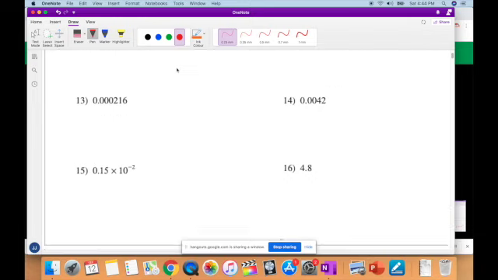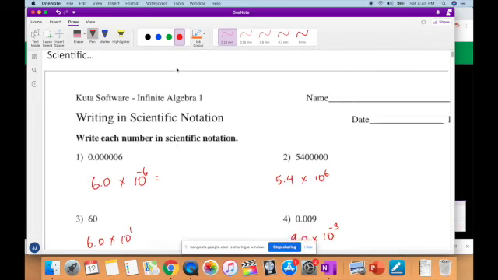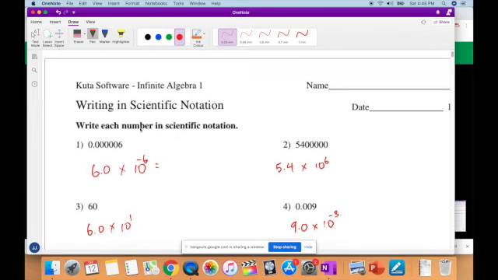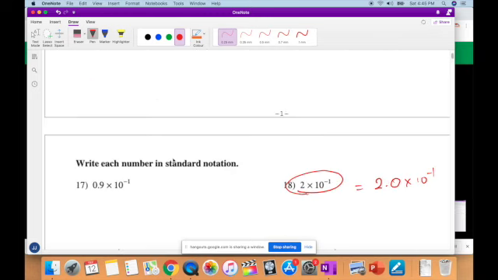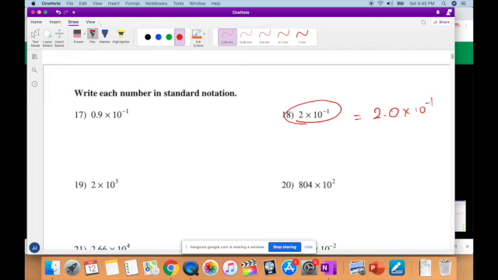The question itself is wrong, because look, you have here, write each number in scientific notation. So this is scientific notation, also called standard form. And standard notation just means write the number normally. That is what I mean by this one.